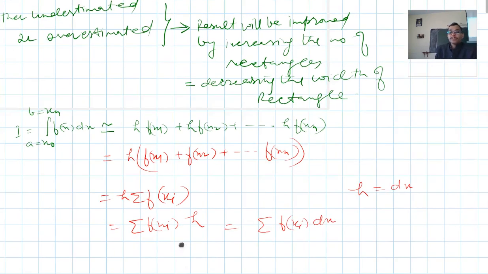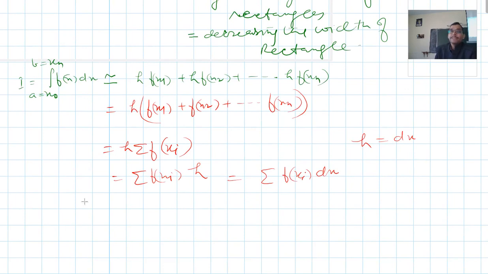Now see, this is the approximation of the integral, but how can this summation be written in the form of an integral? Let us have a look.